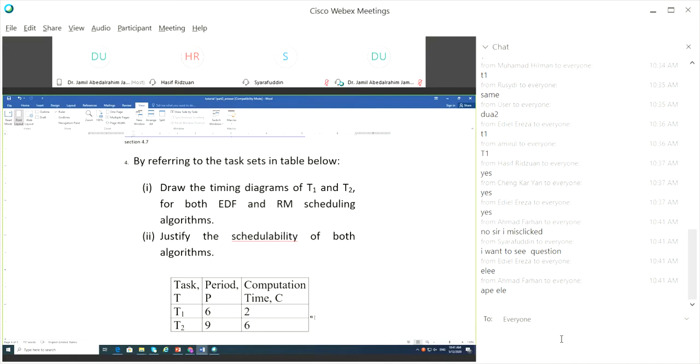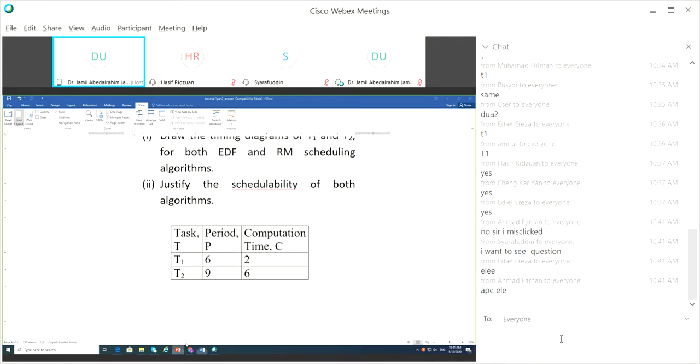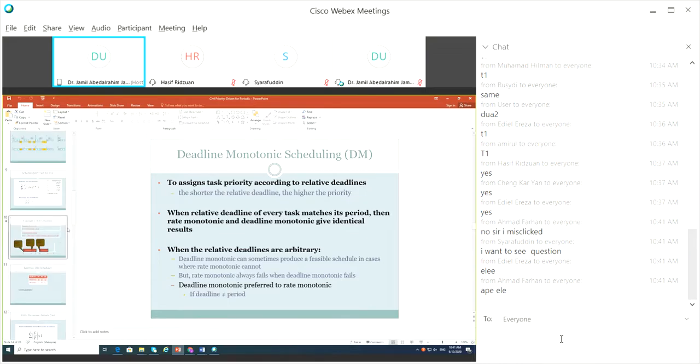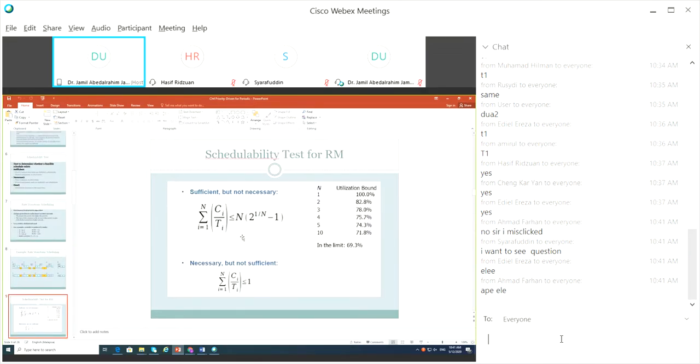This question is from our tutorial. For this question, you have to draw your timing diagram, and you need to do the schedulability test. You remember how to find it? You need to find the utilization. Our utilization should be equal to or less than the utilization bound.